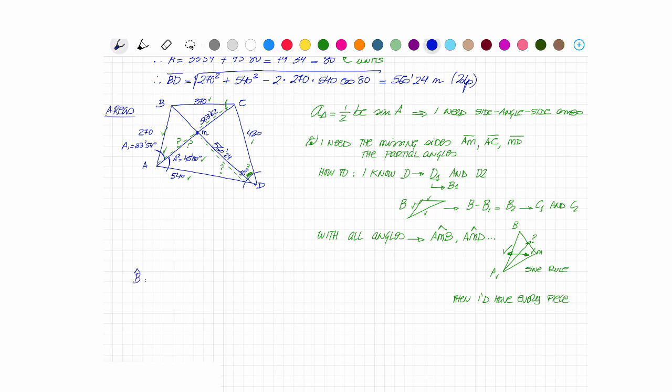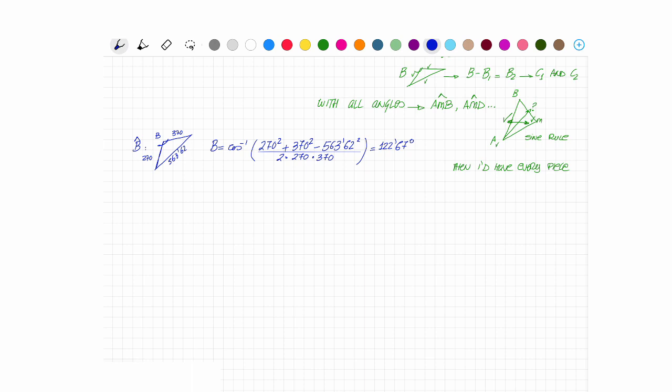I'm going to calculate angle B first, and I'm quickly drawing the triangle I'm using so I can substitute easily. This is again a cosine rule, so I'm not going to write it. I'm just going to substitute. It gives me an angle B of 122.67 degrees. Let me scroll down.